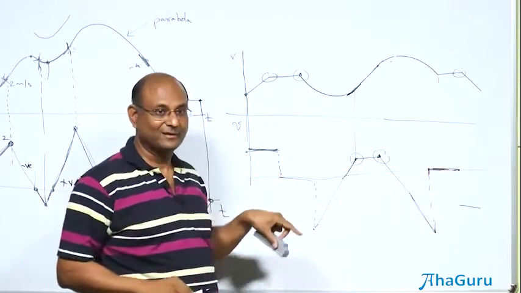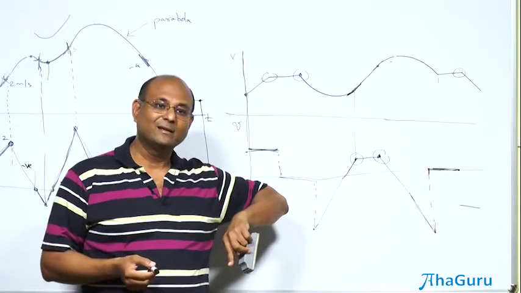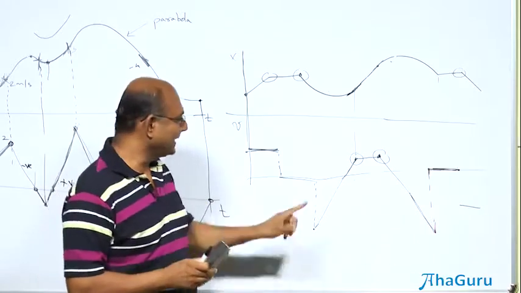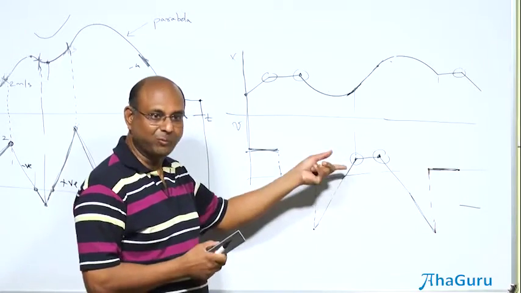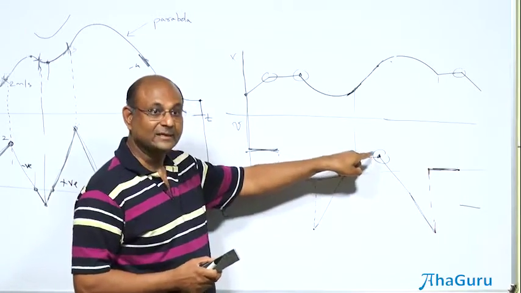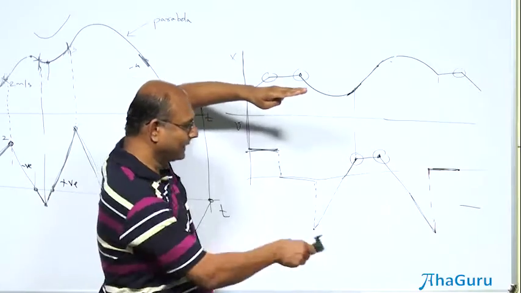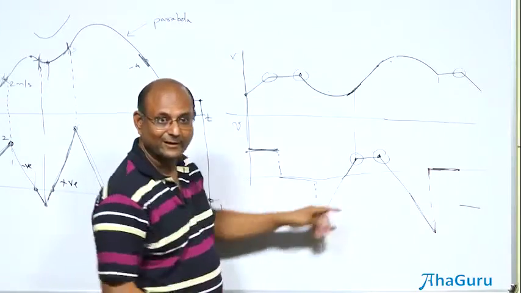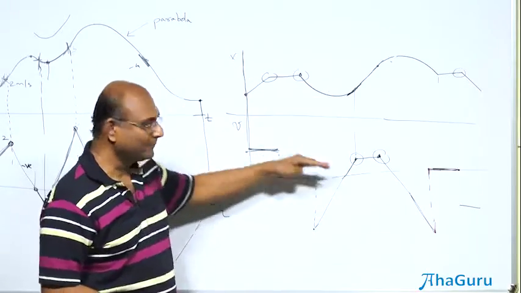This is sharp. So what do you think about a-t? There will be a sudden jump. Because here the acceleration is something positive, then the acceleration is 0. So from a positive number it becomes 0. Then it becomes a negative number. So you can go from here to there, from there to there.